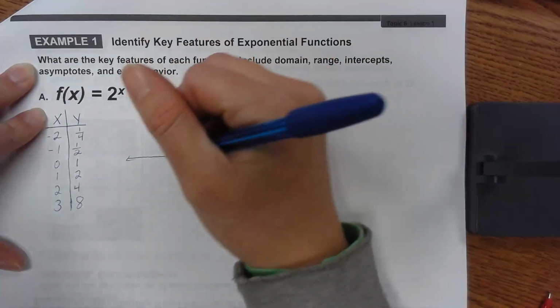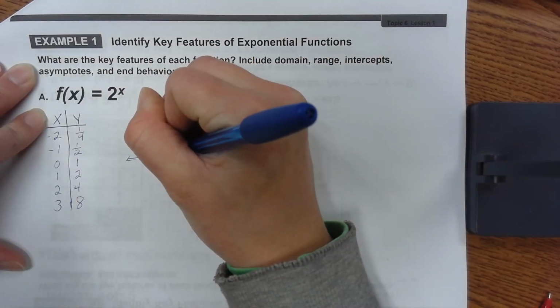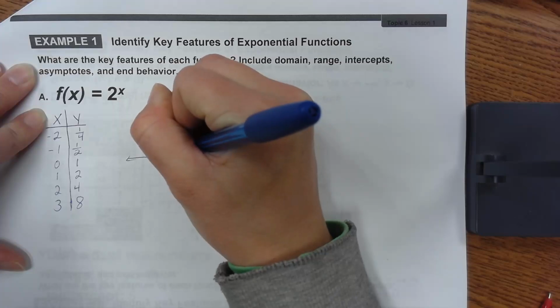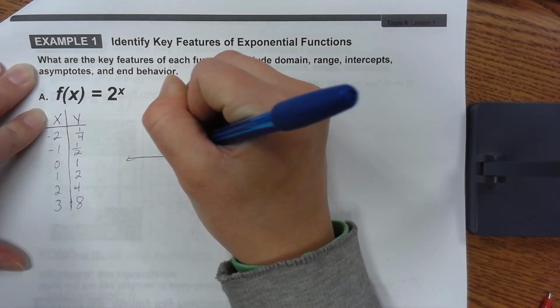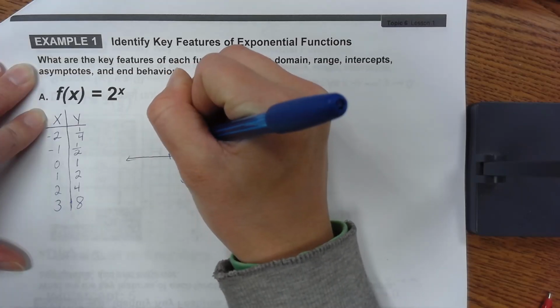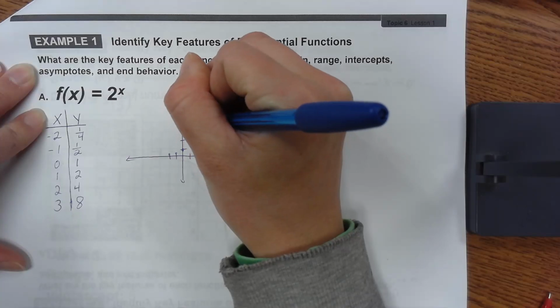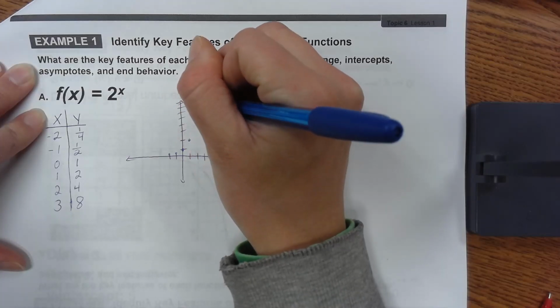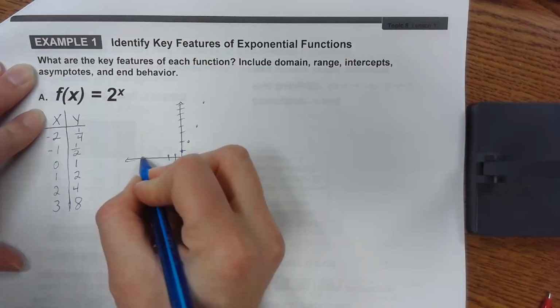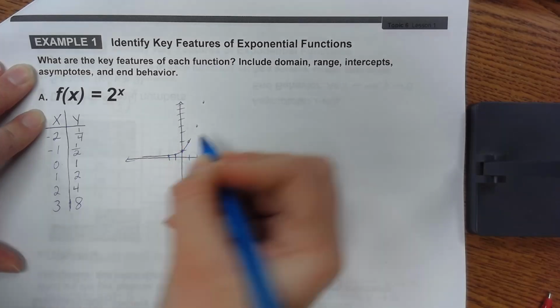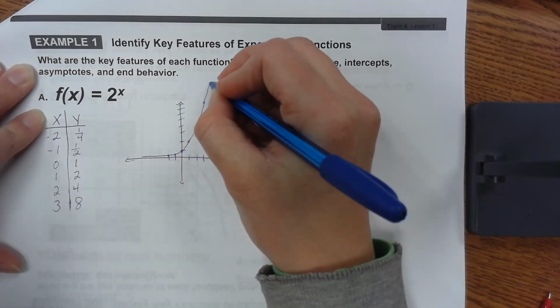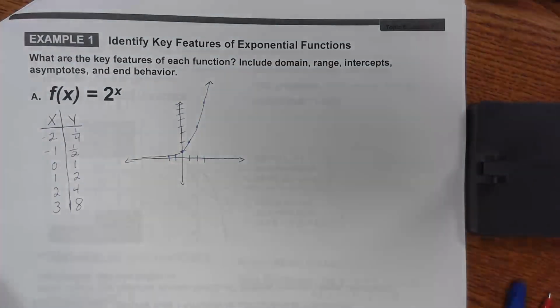So we have -2, 1/4, -1, 1/2, 0, 1, 1, 2, 2, 4, 3, 8. And it's going to look something like that.